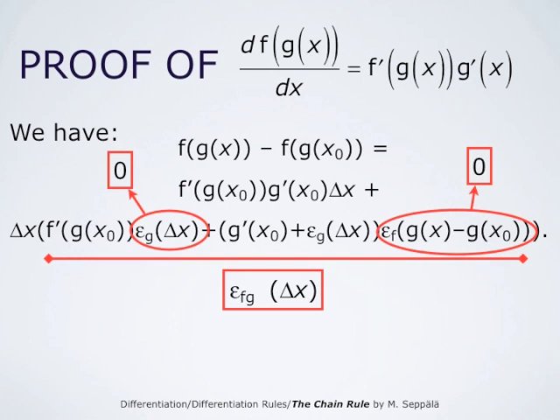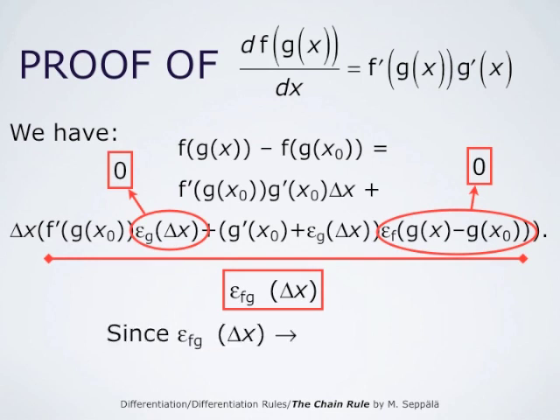Because as delta of x approaches 0, x approaches x0, therefore, since g is continuous, also g of x approaches g of x0. Therefore, the argument of epsilon f approaches 0 as delta of x approaches 0. And by the defining property of the function epsilon f, we know that its limit is 0.